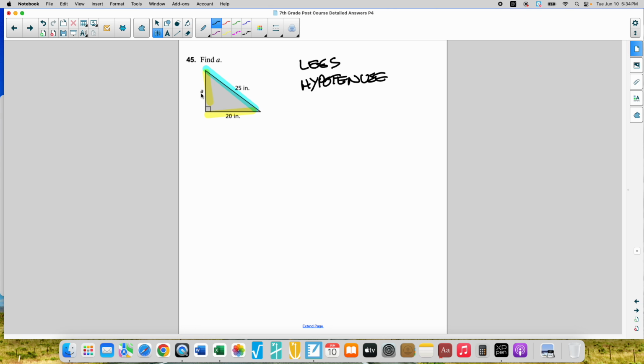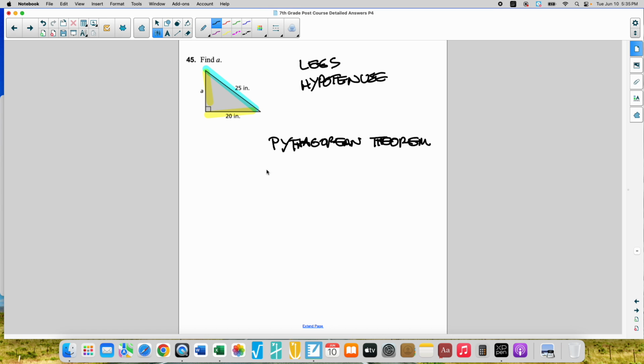And we're going to use something called the Pythagorean theorem. Pythagoras devised and understood that there was a relationship for all right triangles. He said that the sum of the squares of the legs should equal the square of the hypotenuse.